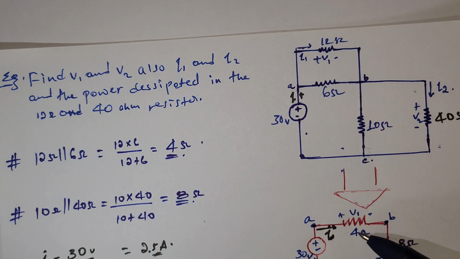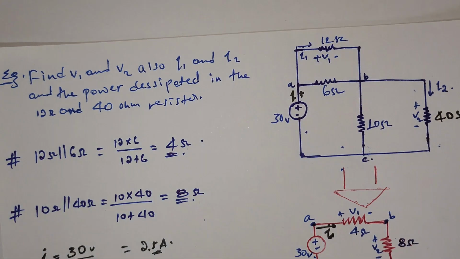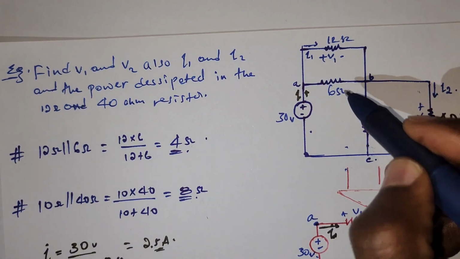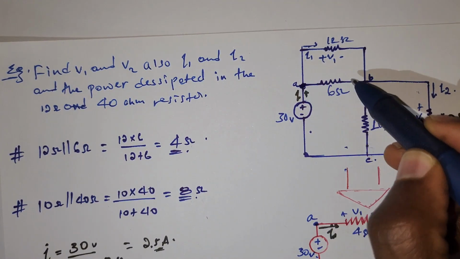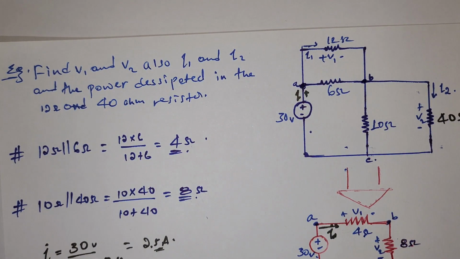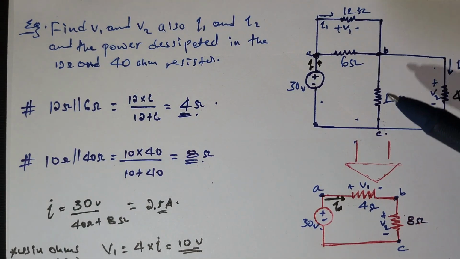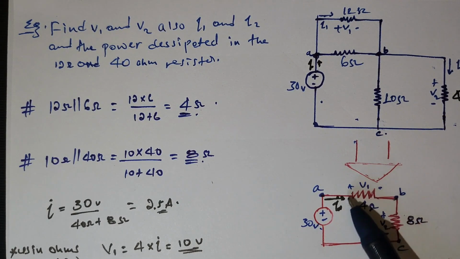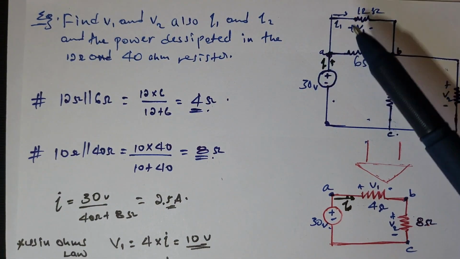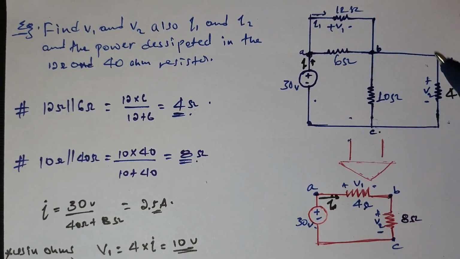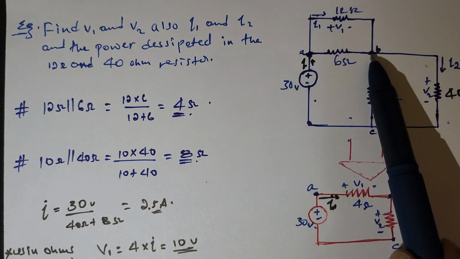Guys, remember, the amount of voltage which reaches across this is always fixed. We assumed that V1, the voltage across the equivalent resistance of two resistors, is equal to V1, because the voltage is always across a node.